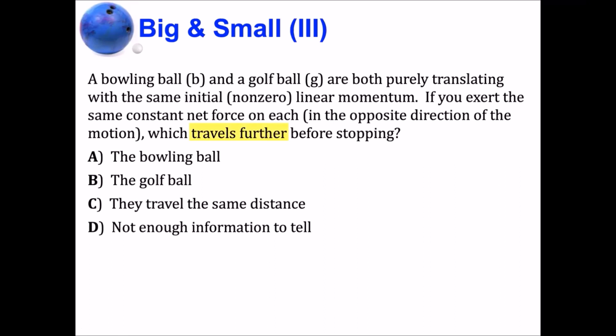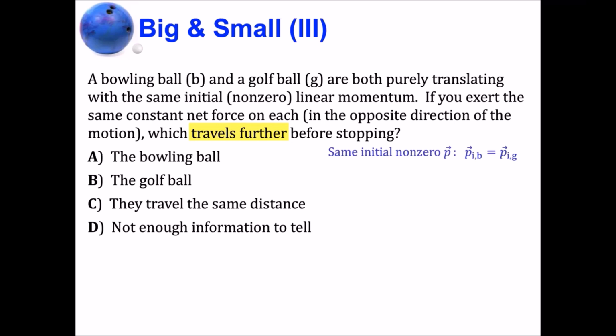When we see keywords like travels further, what I want to do is think in terms of maybe distance or displacement that a moving object undergoes. But before we get into that, let's just revisit some of the information that we have that was found in the big and small problem number 2.